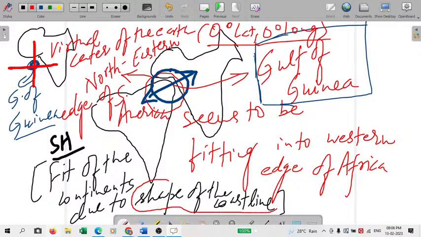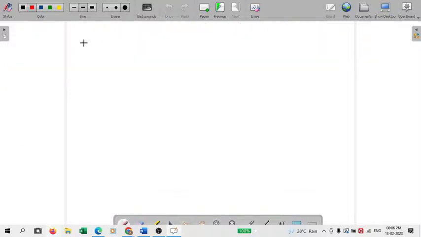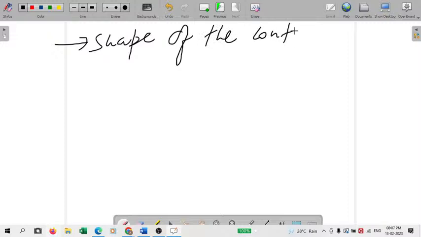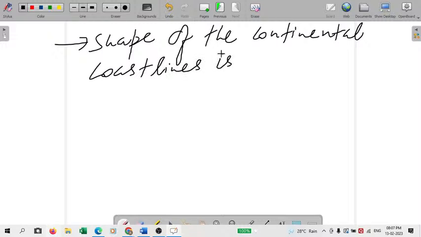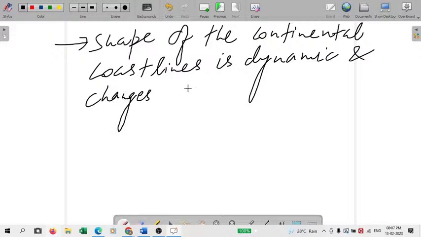देखिए शेप ऑफ द कोस्टलाइन में भी क्रिटिक्स को प्रॉब्लम था. Now what critics said was that shape of the continental coastlines is dynamic and changes every day.